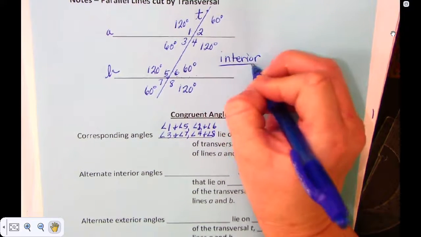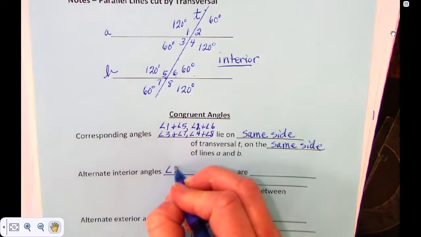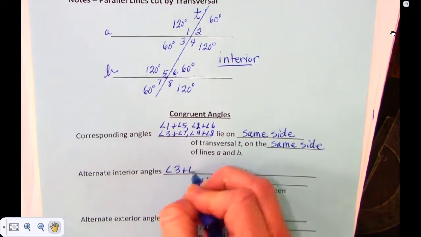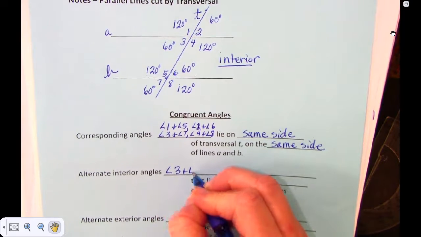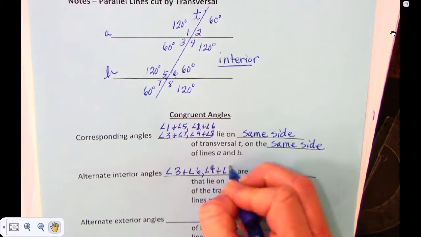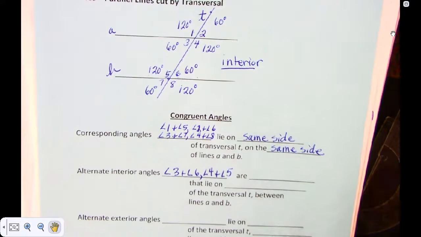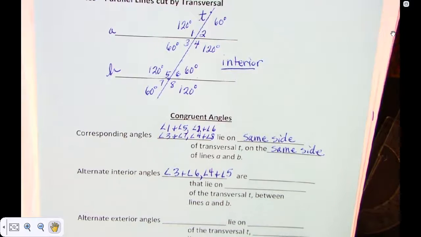Inside, they're interior angles. So your options for an answer were only 3, 4, 5, and 6. Okay? So angle 3 and angle 6. And then angle 4 and angle 5.